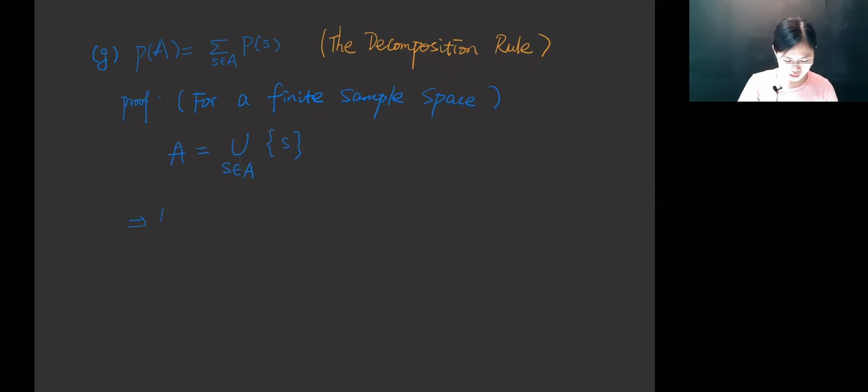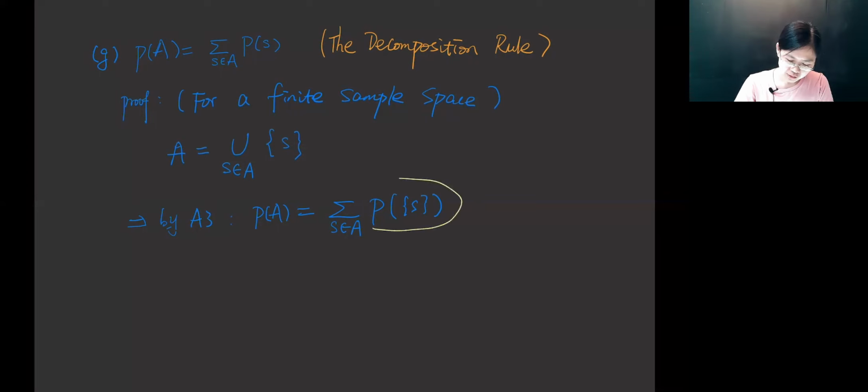Therefore, by axiom 3, P of A equals the sum of the probabilities of these single point sets.